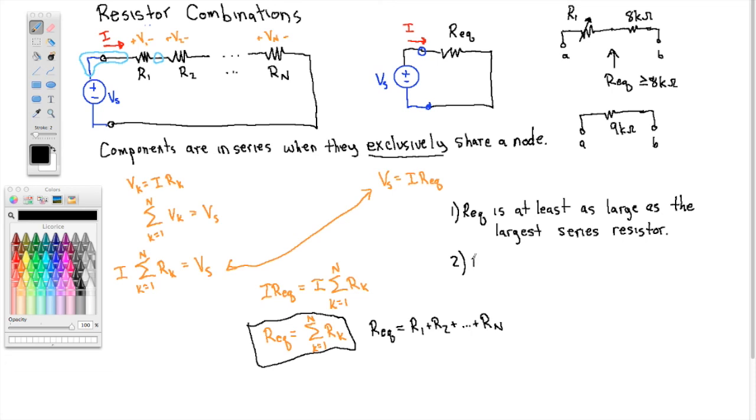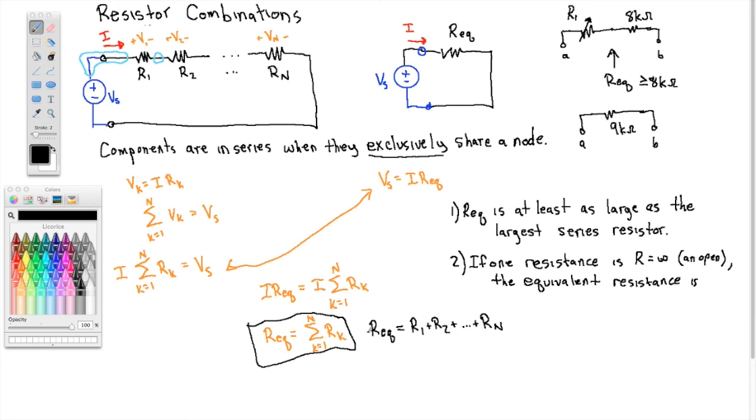So if one resistance is an open, then the equivalent resistance is, what do you think?